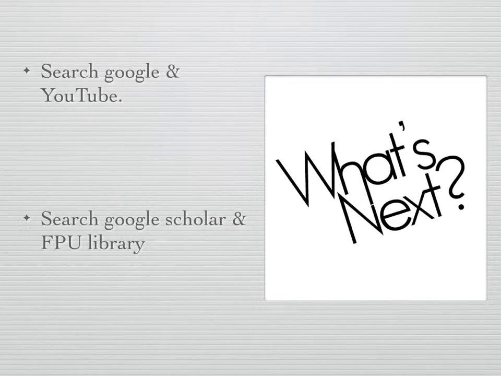Pretty quickly, you want to go use Google Scholar, which will give you journal articles, but you should also use our FPU library online database. I believe I put a video. I know there's one in a Moodle orientation course, but I think I put one in one of the lessons. I can't remember exactly where I put that link to teach you how to use our library.